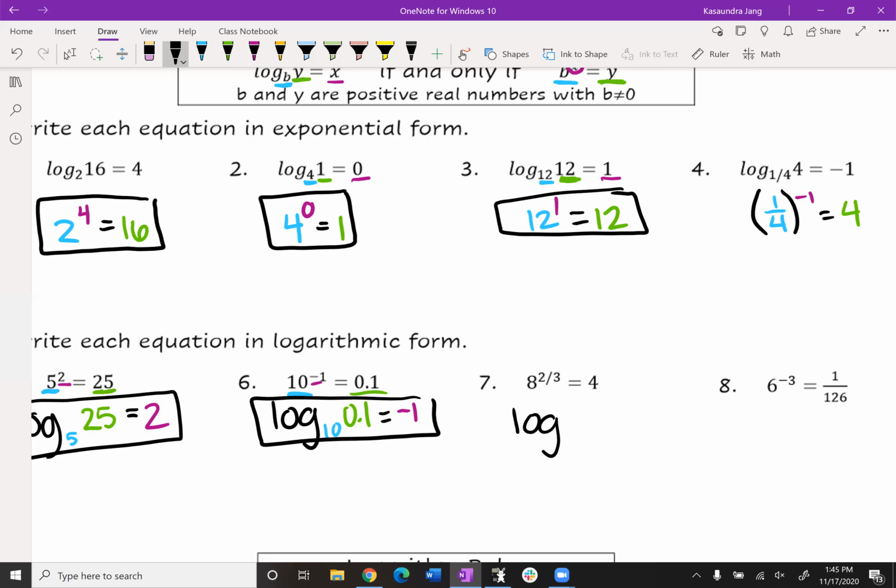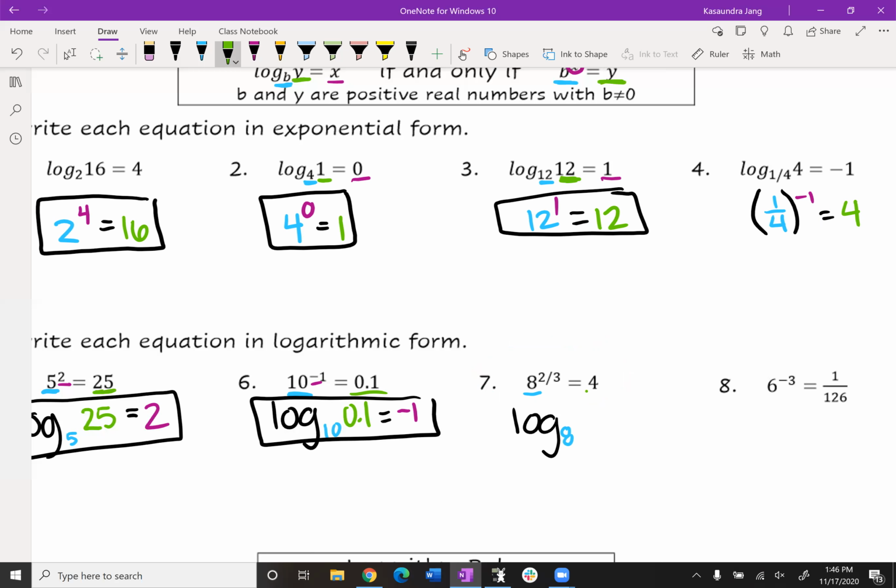Okay, good question. So I'm going to rewrite this one right here. Crystal, what is the base on this number 7 here? What should I underline in blue? The 8, nice. The 8 is the base. So I'll put a log base 8. And then the argument that I usually put in green, what should be my argument? 4.